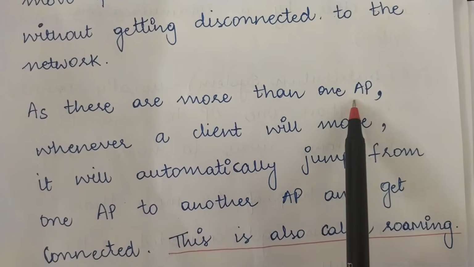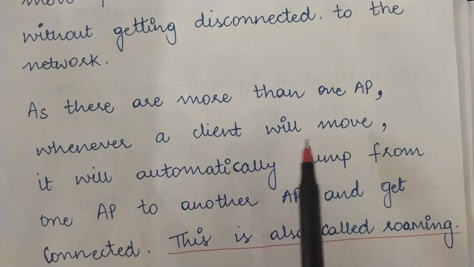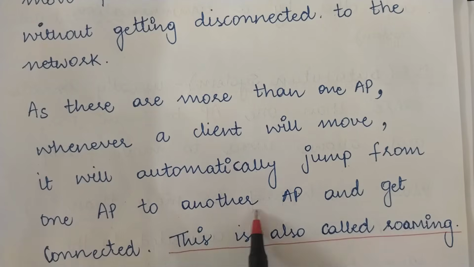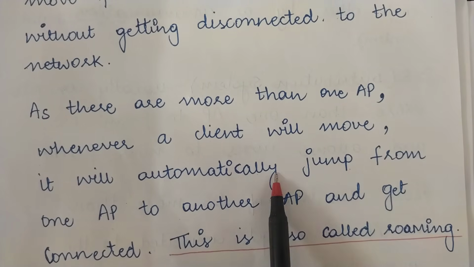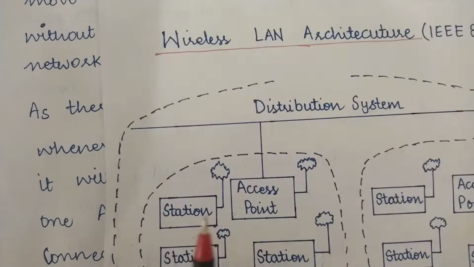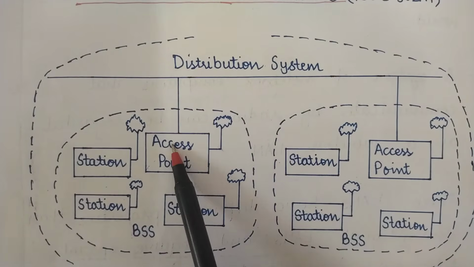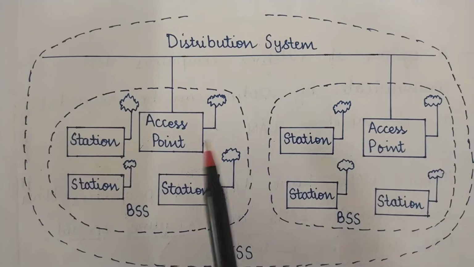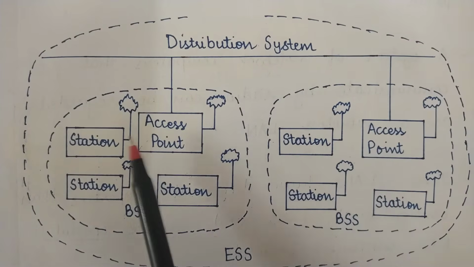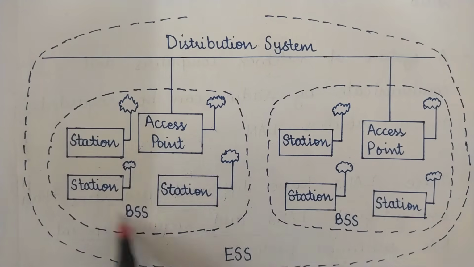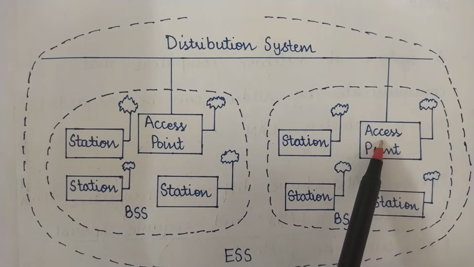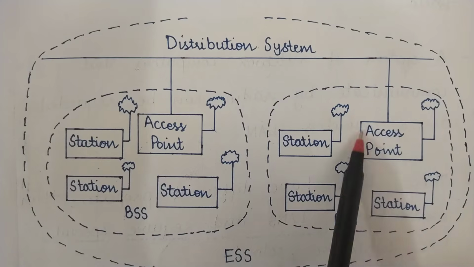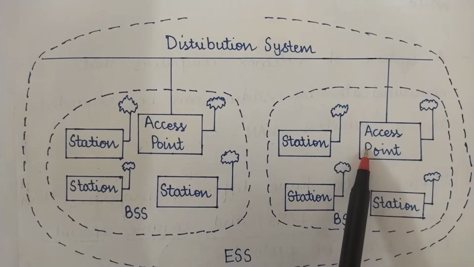As there is more than one AP, whenever a client moves, it will automatically jump from one AP to another AP, right? In a BSS, there is only one AP, or access point. But when you look at the ESS, there is more than one access point. So if this station jumps out of its own network area and goes to this network area, it can still be connected to the network with the help of the access point present in this area.